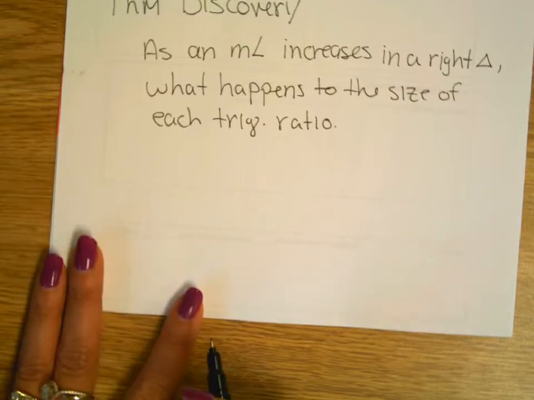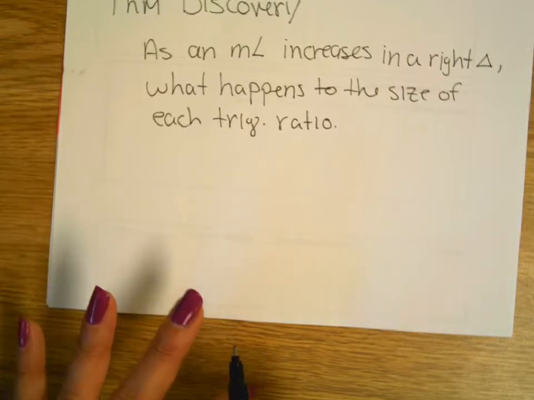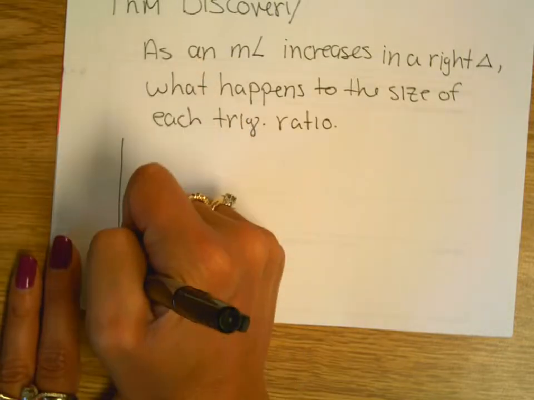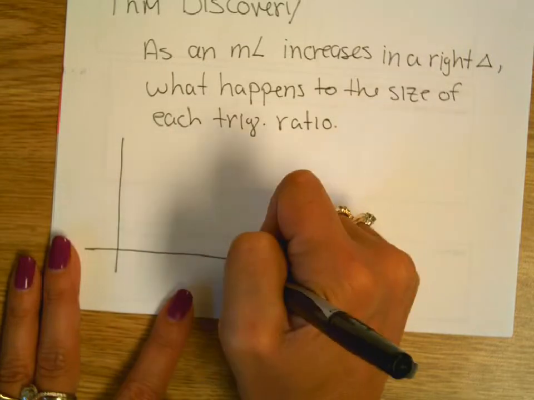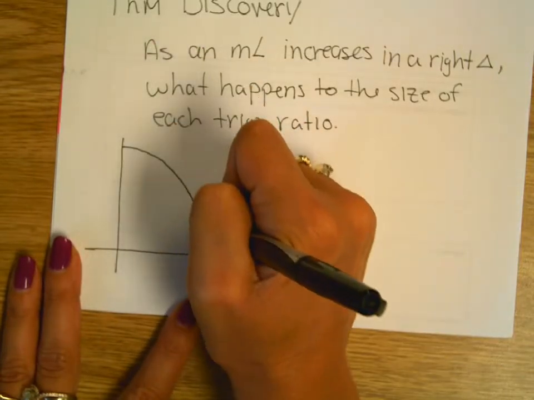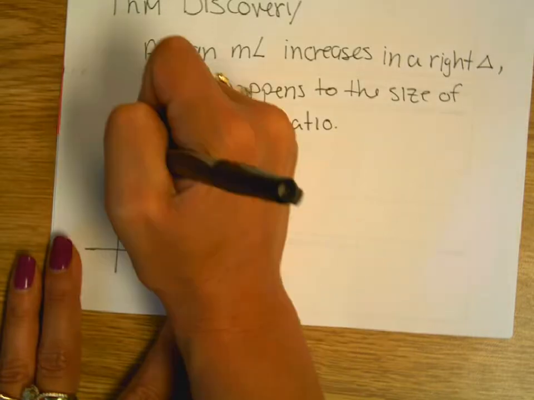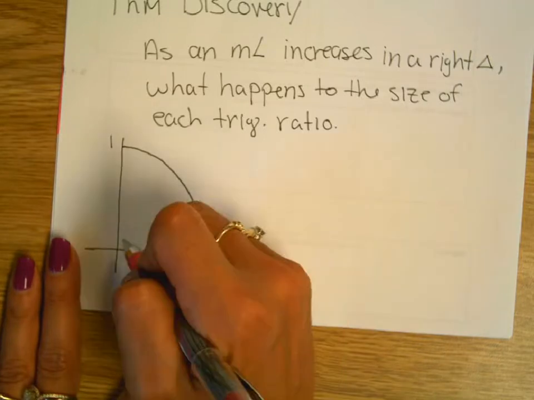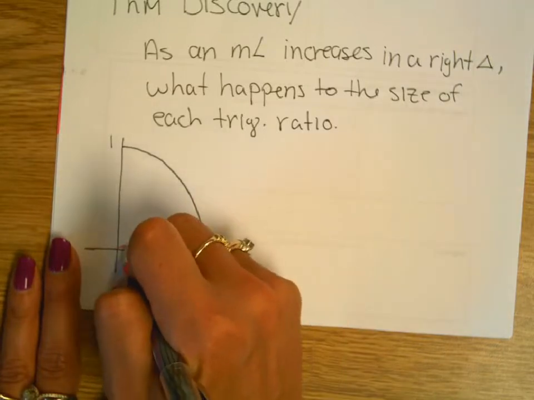So the easiest way to see this is to put your right triangle on the coordinate plane, and see the unit circle, 1 to 1. So I'm going to start with a right triangle with a small angle.